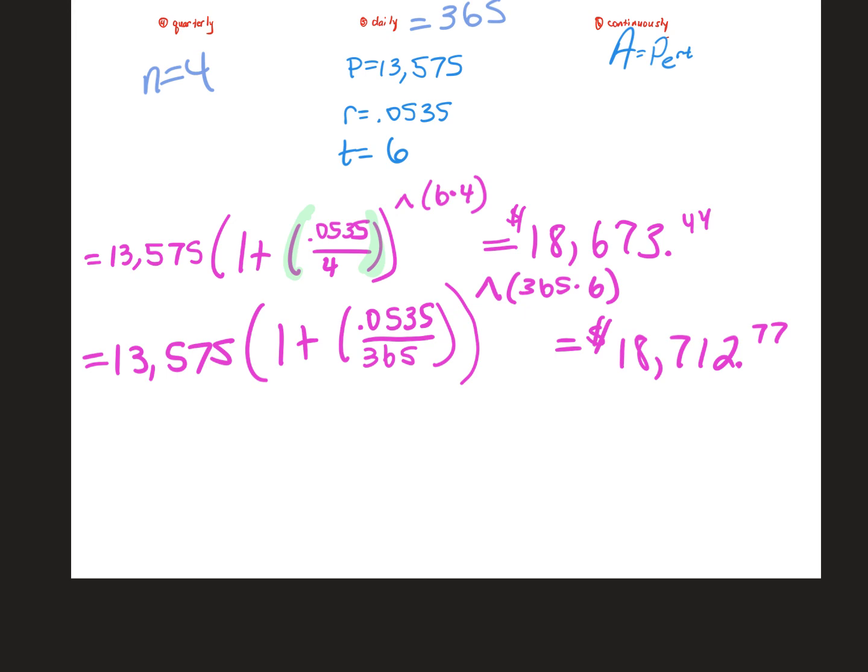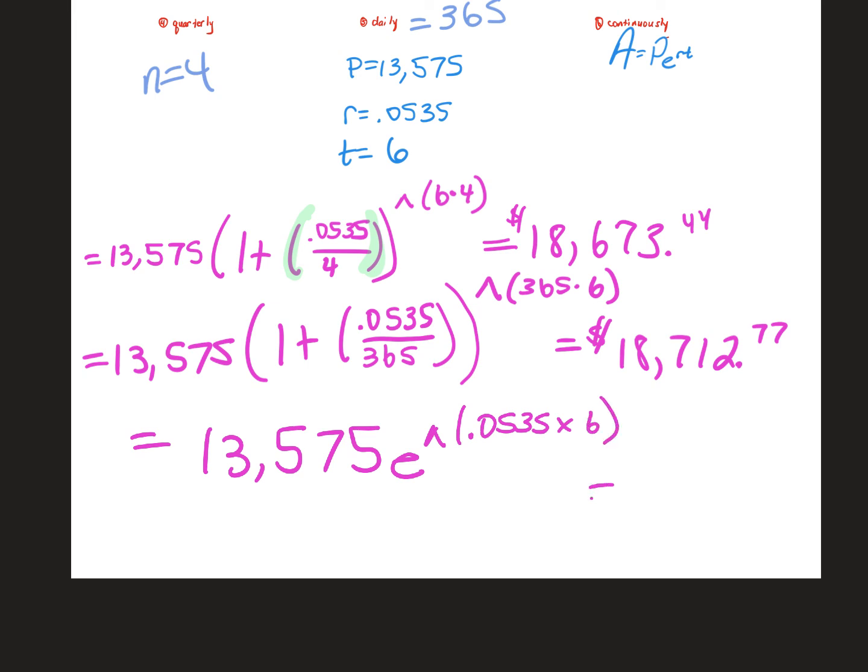The last one says continuous. So instead of the formula that I used yesterday, when I have continuous, I'm going to say, okay, well, I have my initial amount, my 13,575. Continuous means APERT. So I have E, and I'm raising that to the 0.0535 times, how many years was it? 6. And tell me what you guys get.